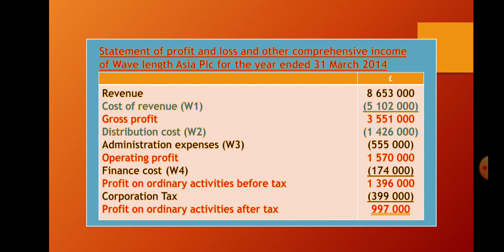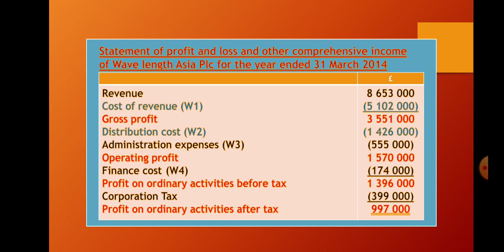Next, the expenses which are classified as distribution and administration, we need to record that. Earlier we have recorded distribution cost in the workings 2, which came to 1,426,000. The same amount has been carried forward. Remember what the answer you get in the workings, the same thing should be taken.